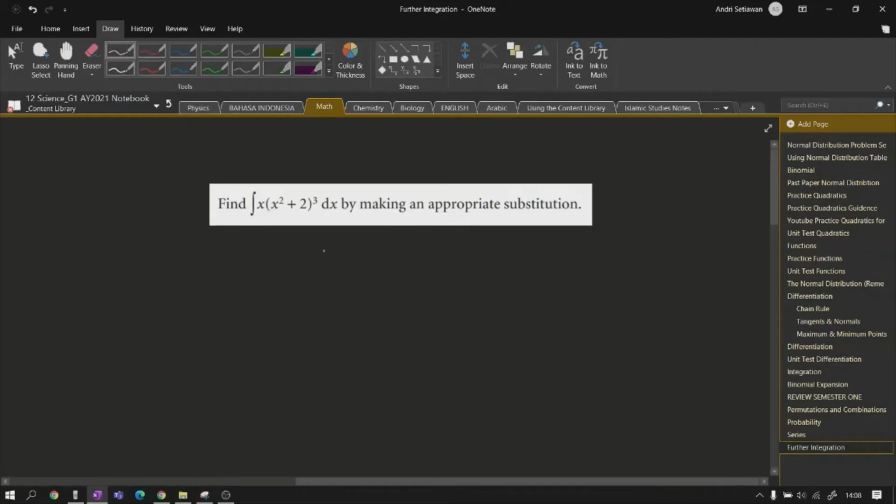It is quite simple. We just have to take the form in the bracket. So we can see the algebra form in the bracket is x power 2 plus 2. So just take it out. We can rewrite it as u equals x power 2 plus 2.